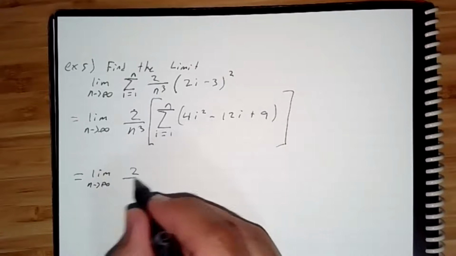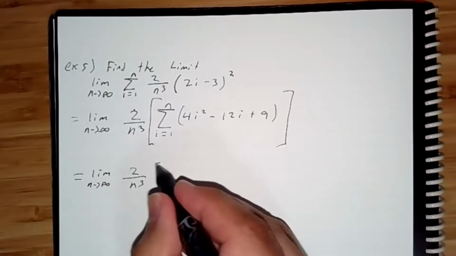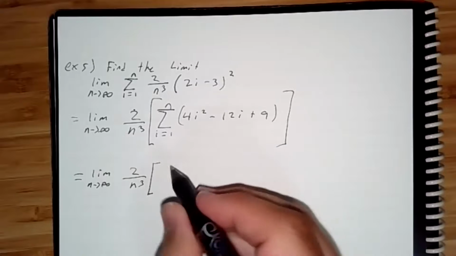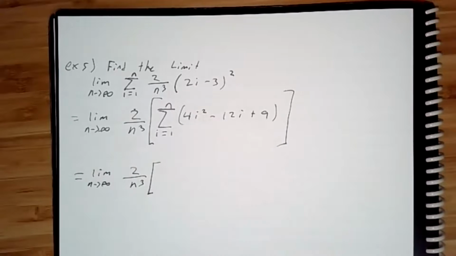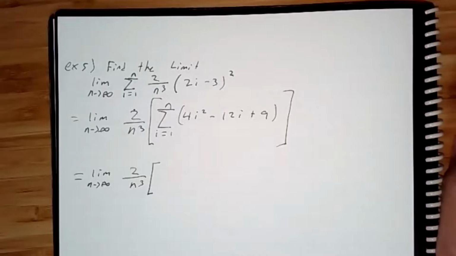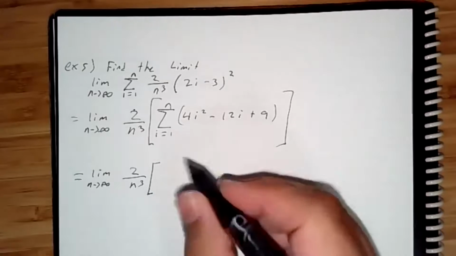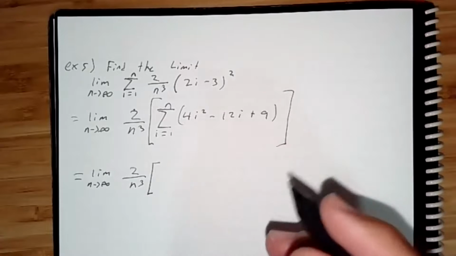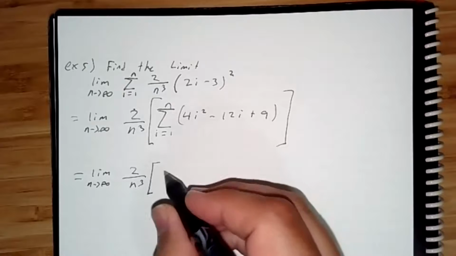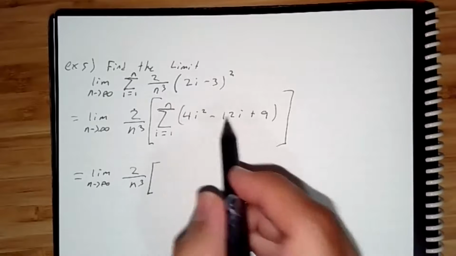So remember we said the i squared is equal to what on the formulas? n times n plus 1 times 2n plus 1 over 6. I guess I should show this step. So I'm going to separate the sigma on each one.